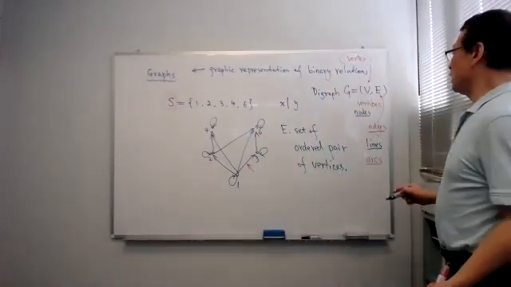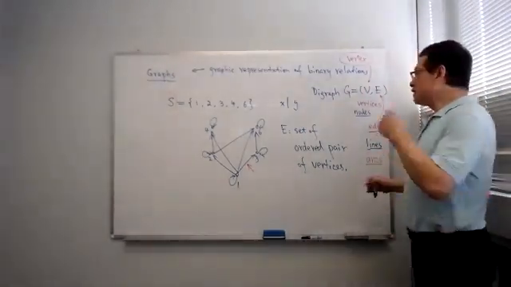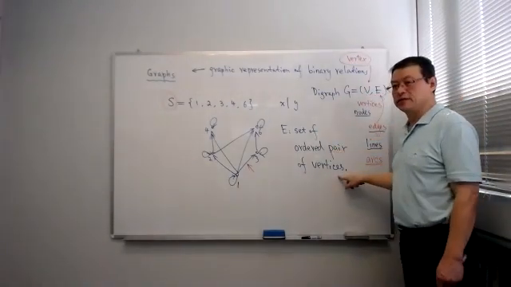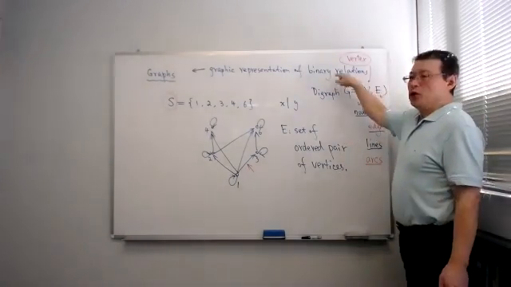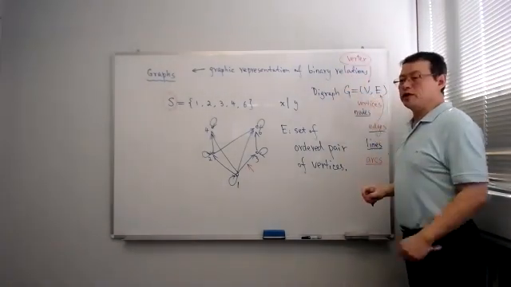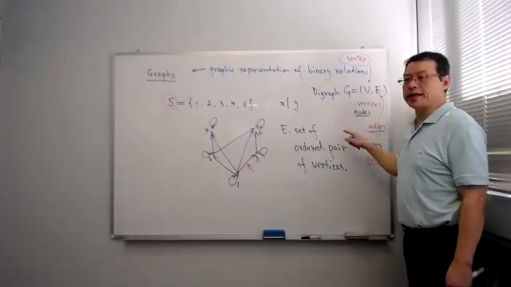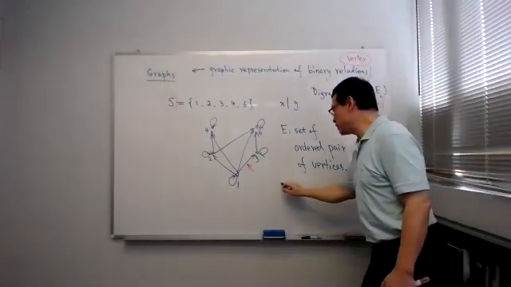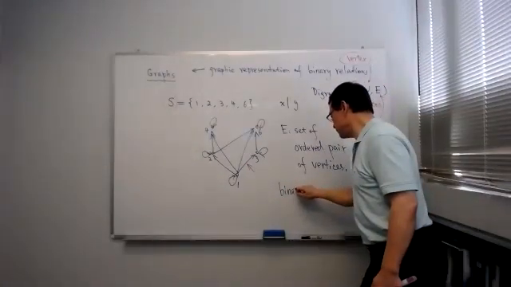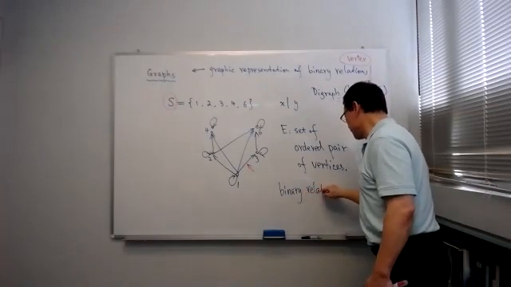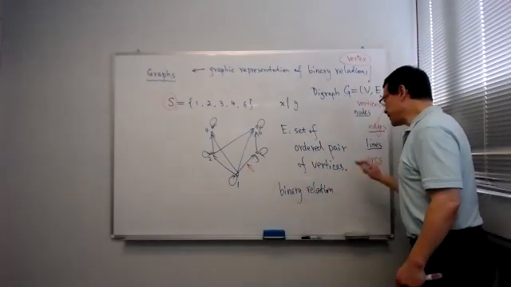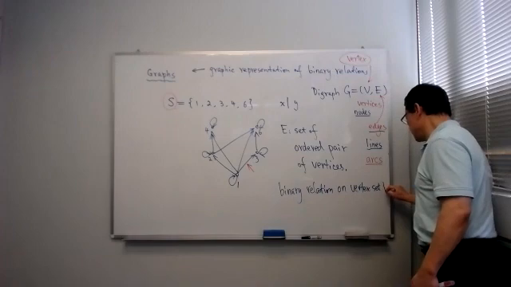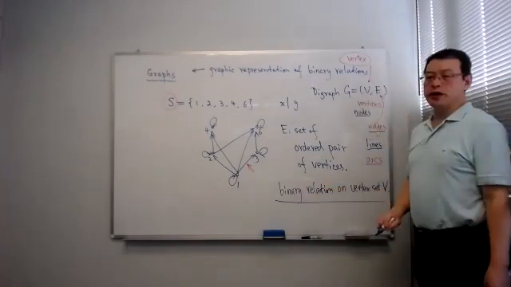So that's a formal definition of a digraph. Actually, it's a binary relation, but instead of saying binary relation, people use this definition for a digraph. So a digraph is really a binary relation on the vertex set.